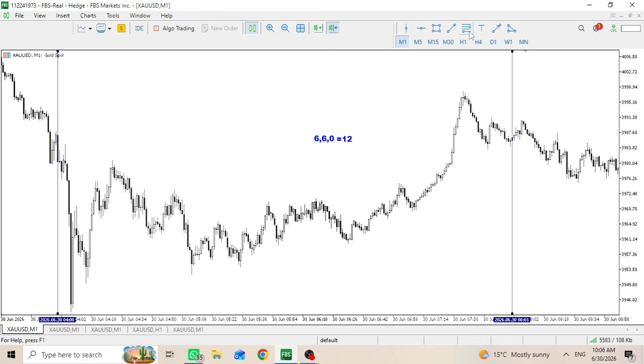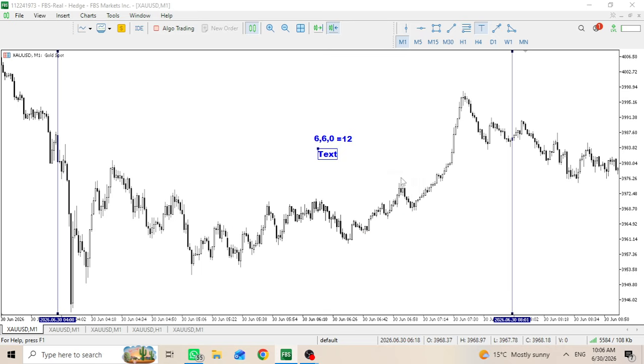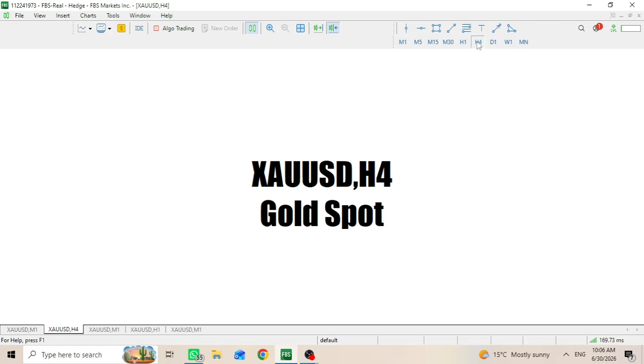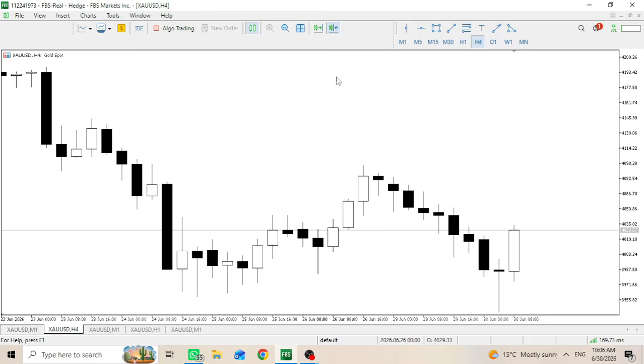Then now let's look for the candle range. Candle range, you basically take the high minus the low. But I want it more accurate, so I will come to the next chart, open the 4-hour, and enlarge it like this.